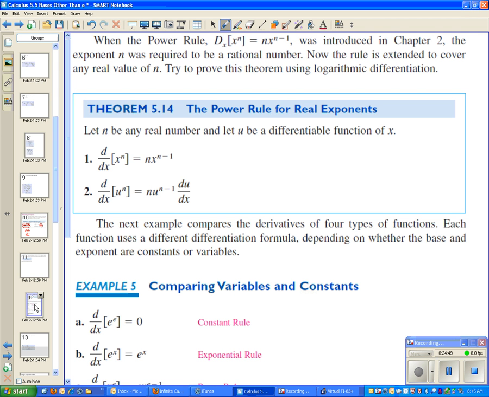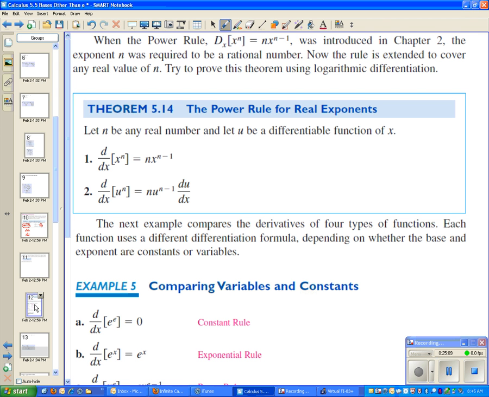Now, one of the first things we learned about derivatives, first we did the definition, and then the first shortcut rule we learned was the power rule. And you probably thought it worked for everything.